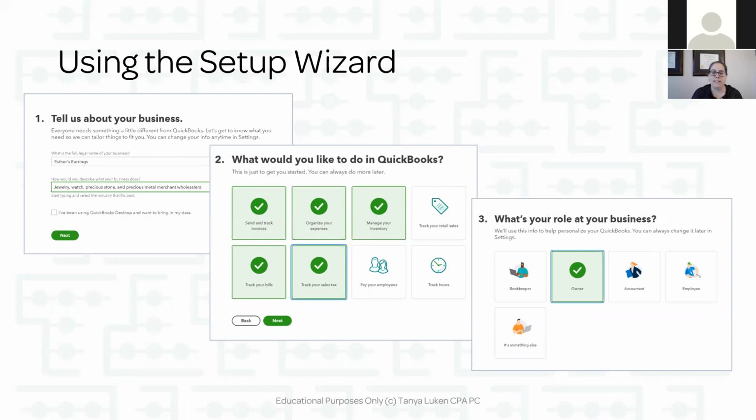So if you've been using a desktop version for 25 years and you want to convert to QuickBooks Online, you're going to have to do something different. I'll let you email me and I'll send you the tutorial on that. But if you're just starting out, then there's no need to bring in any information from desktop. There is a function within QuickBooks Desktop to export your data into QuickBooks Online, so that feature is built into QuickBooks Desktop.